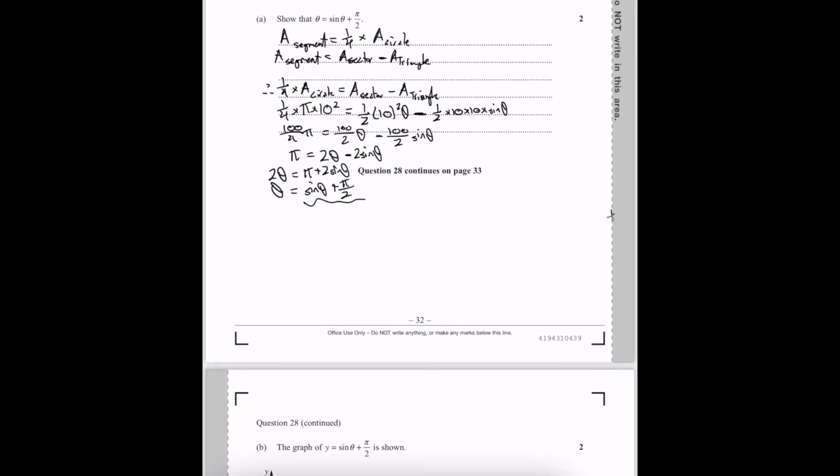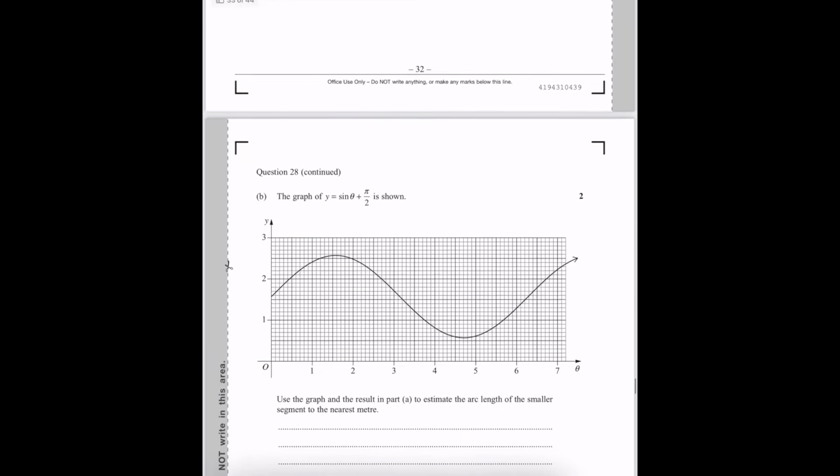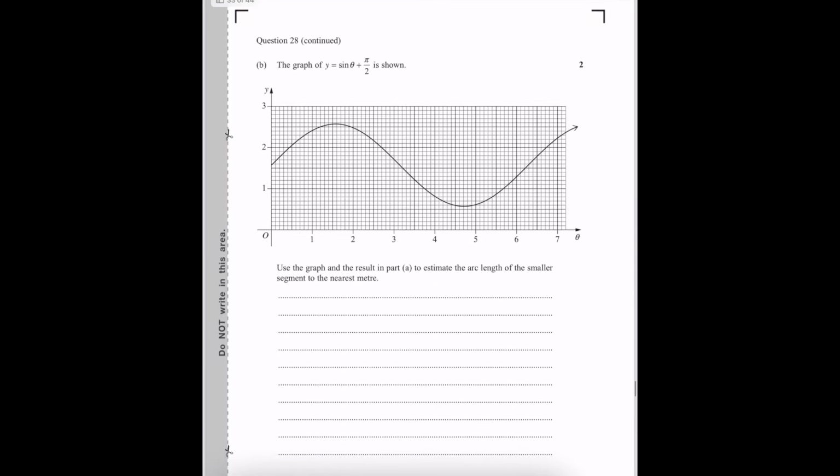And what we found out in part A was that this sine theta plus pi on 2 is equal to theta given these conditions. So we know that theta is equal to sine theta plus pi on 2 given all the conditions. So what we're going to do is graph, I guess, y equals theta, which is just the same sort of graph as y equals x.